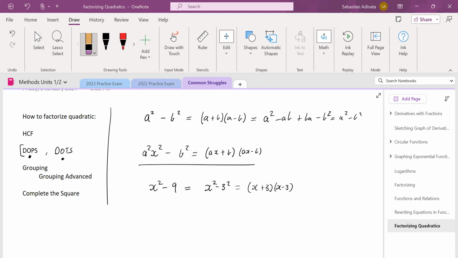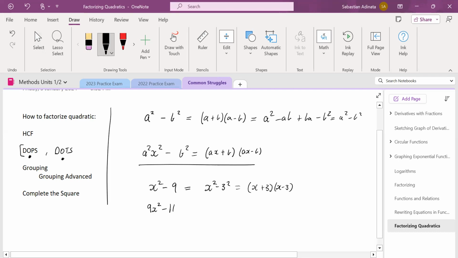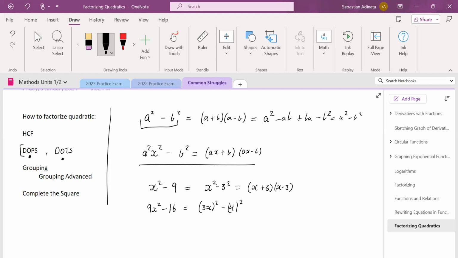What if we had 9x squared minus 16? Let's turn it into our DOPS form. This step can be skipped once you get used to this method, but it really helps in negating small errors.